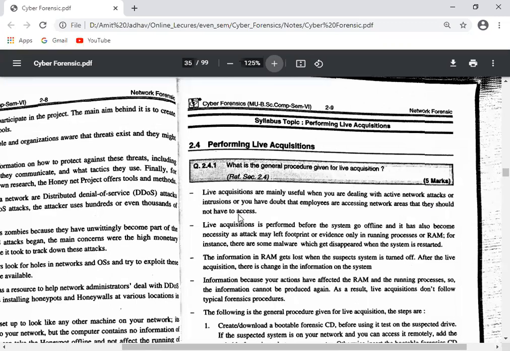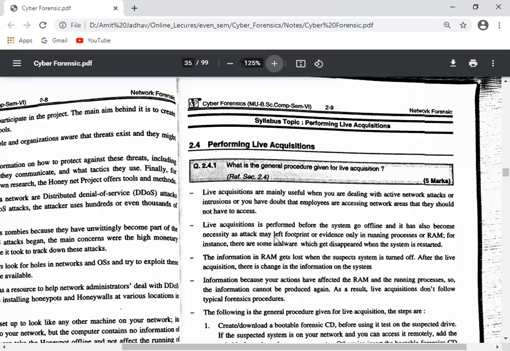Live acquisition means observing the network at runtime. So we perform live acquisition whenever we deal with an active network attack or intrusion, or when we suspect that employees are accessing network areas they should not access.